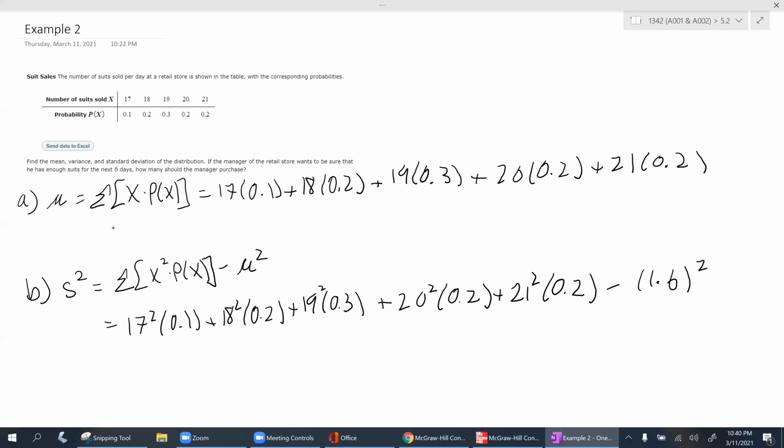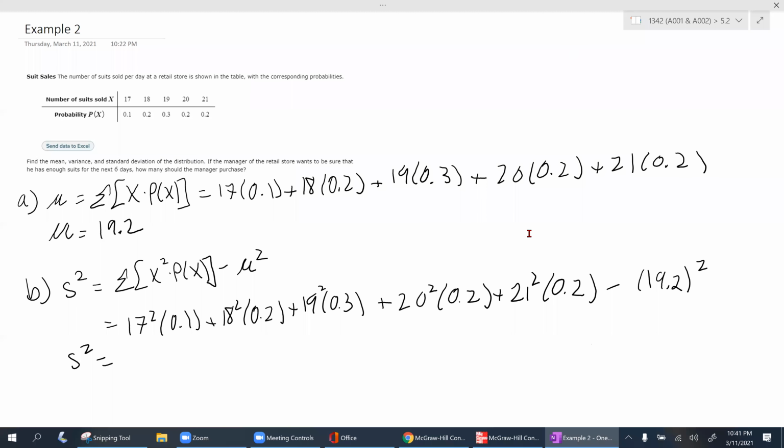So always make sure to double check your work. Now this gives me 19.2, meaning this value here should be 19.2. Okay, so let's plug all these in and we'll be right back.